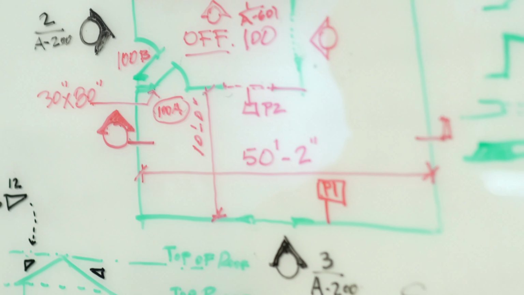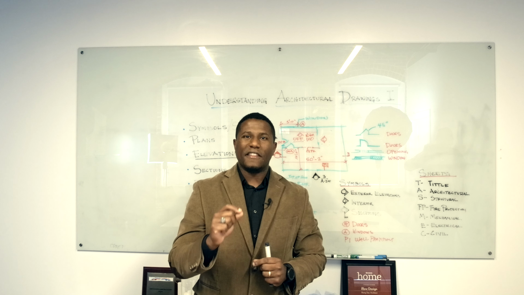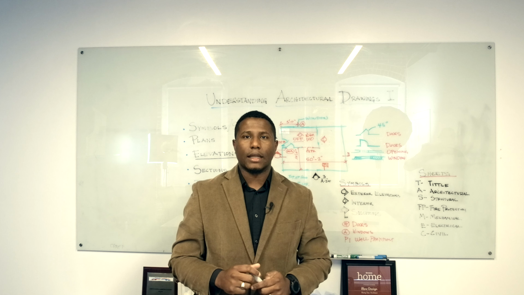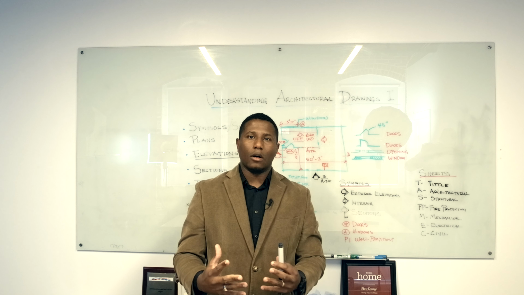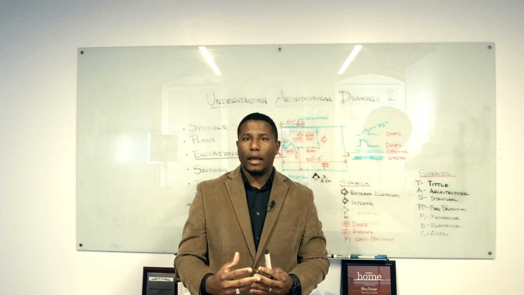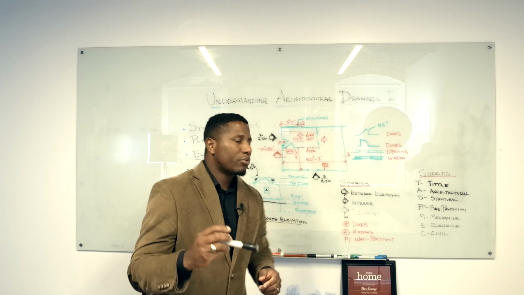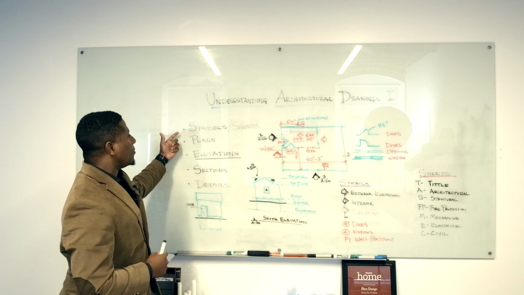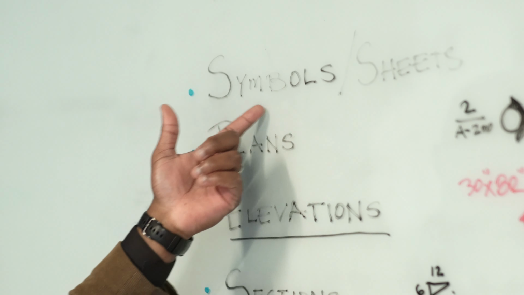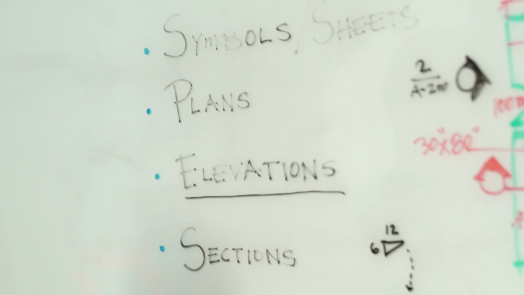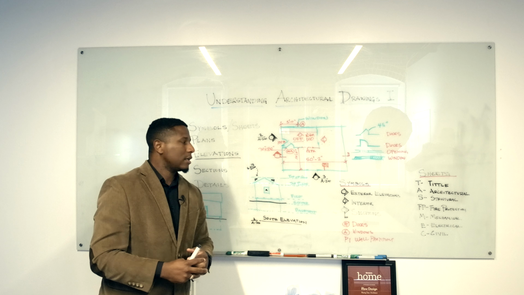In this series, our focus and our attention is to discuss the basic items that you need to understand in order to get a broad sense of architectural drawings and structural drawings, mechanical drawings, and things like that. So in the previous video, we discussed symbols, the importance of symbols and the relationship with sheets within the permit set of drawings or architectural set of drawings.